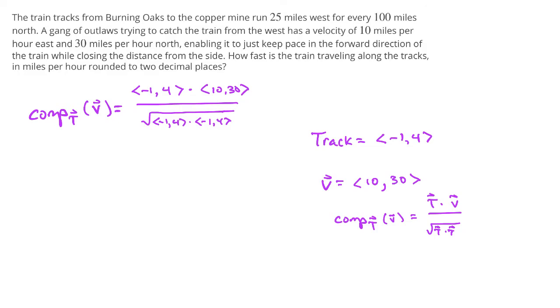For our numerator, negative 1 times 10 gives us negative 10, and 4 times 30 gives us 120. Then in the denominator, we have the square root: negative 1 times negative 1 is 1, and 4 times 4 gives us 16. So really, we have 110 divided by the square root of 17.